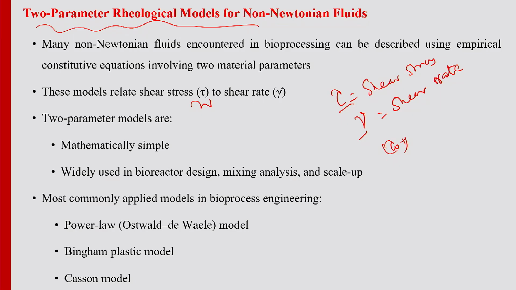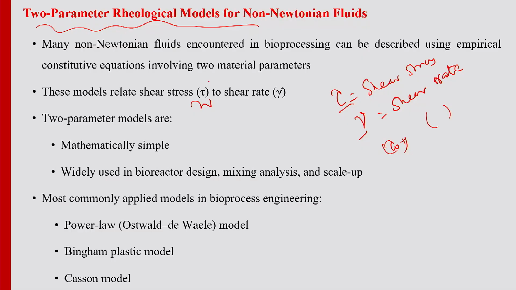Even in some adsorption problems, we can take 2, then 3, then 4, 5, different parameters. When you increase the parameters, it is very difficult to solve, because it is not easy and you need more. If you reduce the parameters, then solving is always very easy. So here the shear stress and shear rate are the 2 parameters, and mathematically it is very simple.